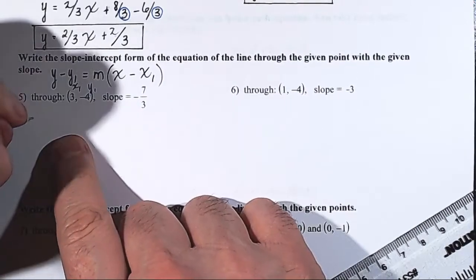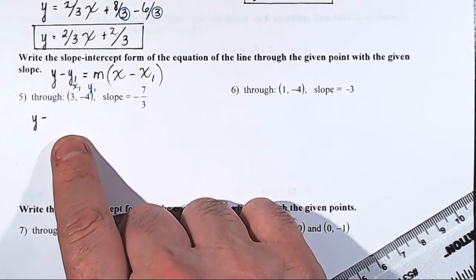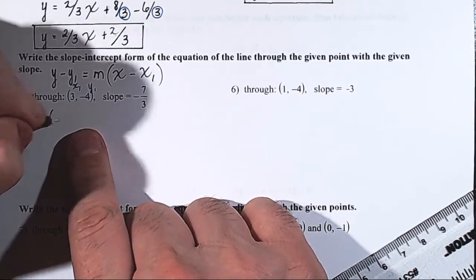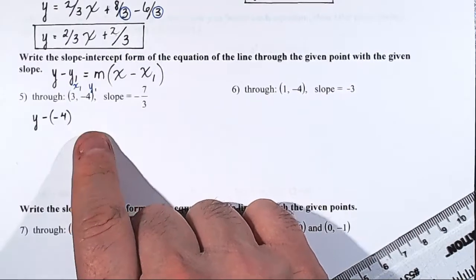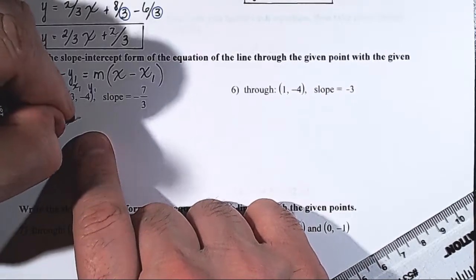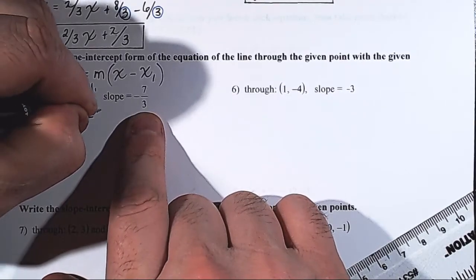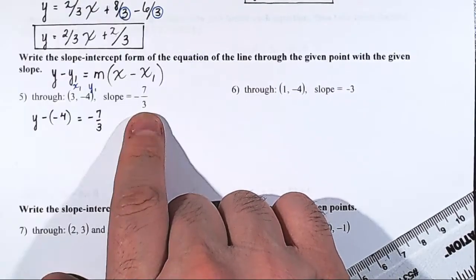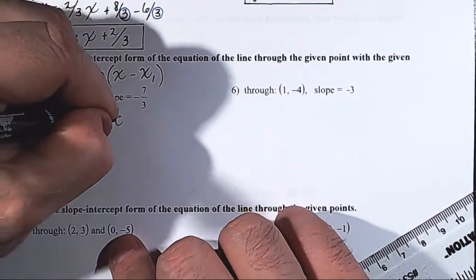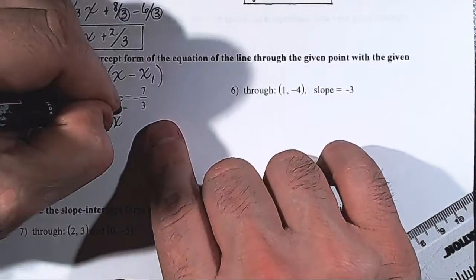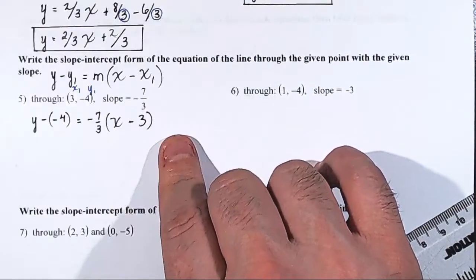Down here, I'll write y minus y1, which I'll put in parentheses because it's negative, y minus -4 equals m, which is -7 over 3, open paren, x minus x1, which is 3, x minus 3.